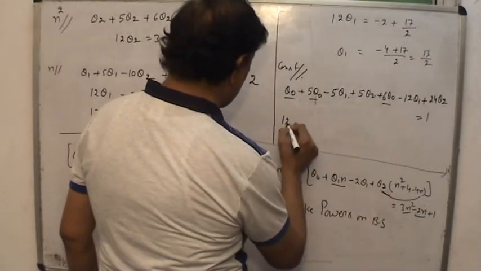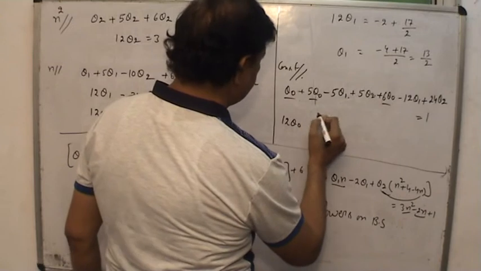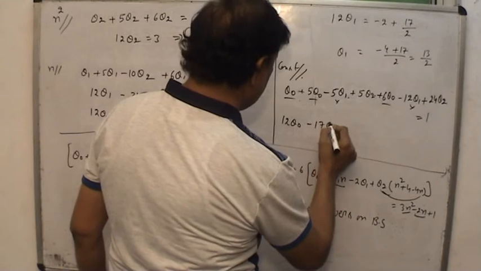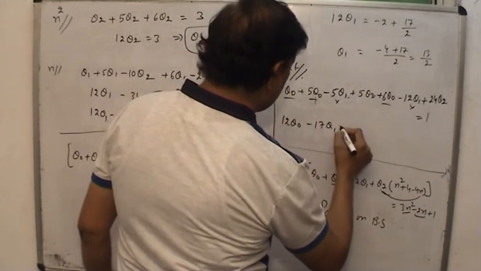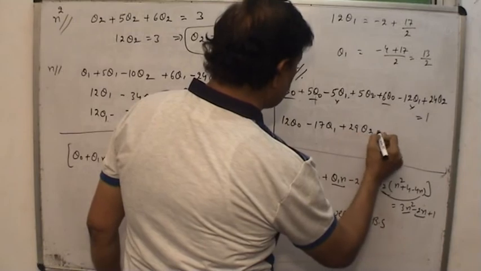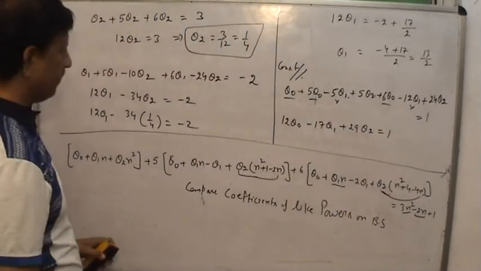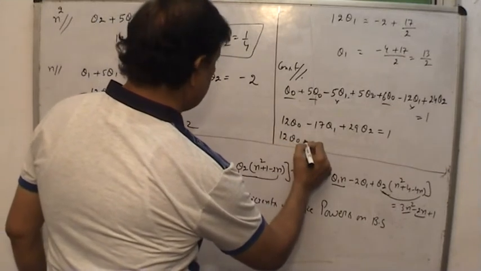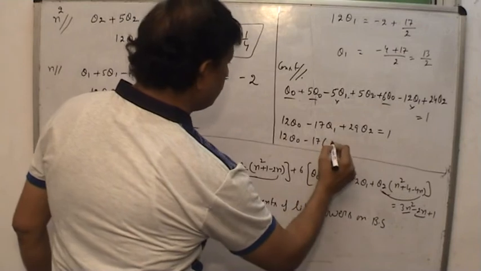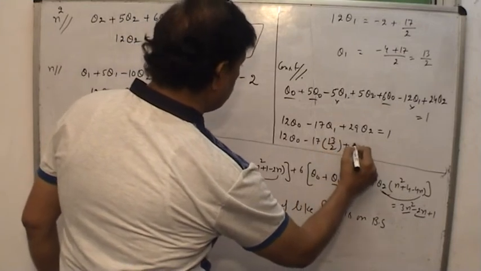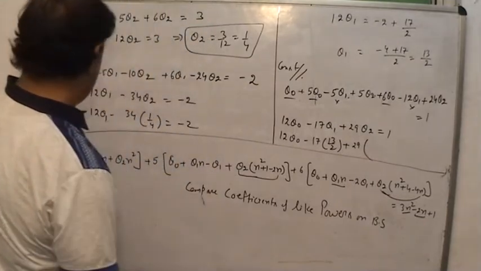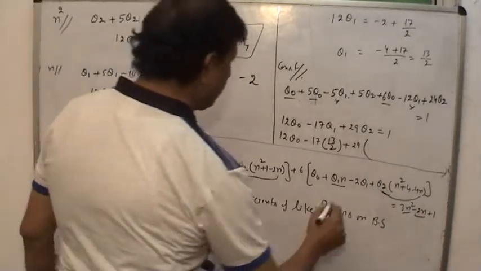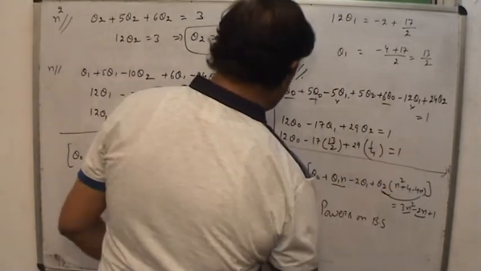It is 12 Q0 minus 17 Q1 plus 29 Q2 is equal to 1. Here 12 Q0 minus 17 times Q1, which is 13 by 2, plus 29 times Q2, which is 1 by 4, is equal to 1.